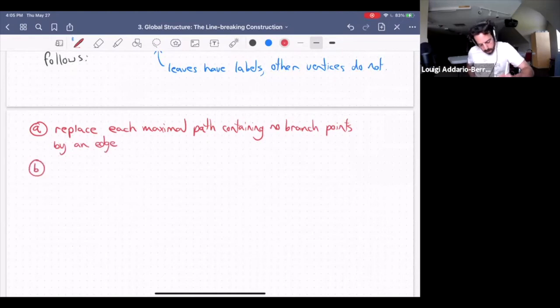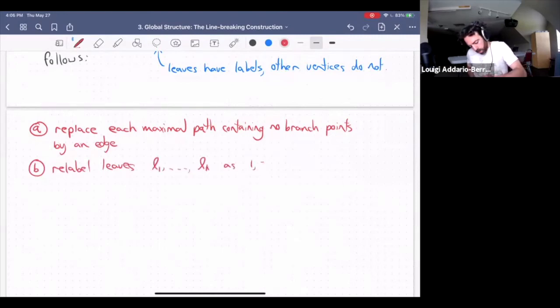Okay. Second, we relabel the leaves just by their ordering, okay? And then we remove the non-leaf labels.